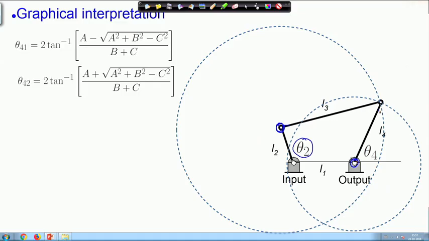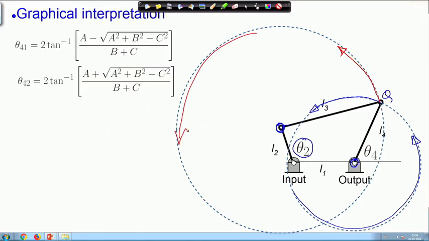I consider that this hinge, which was Q, if I consider link L4, then Q moves on this circle, and if I consider the link L3, Q moves on this larger circle.